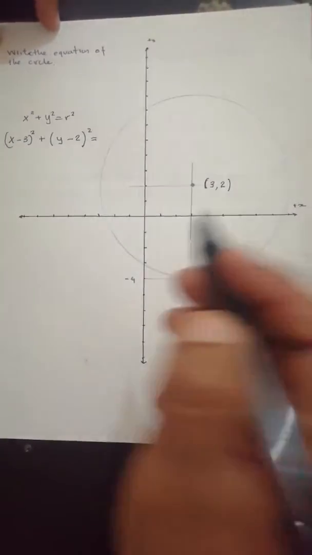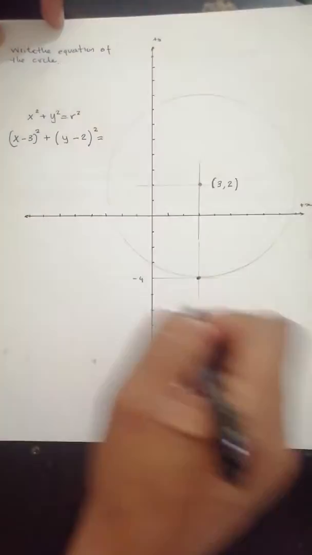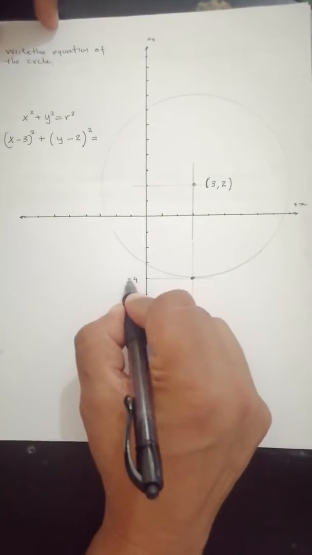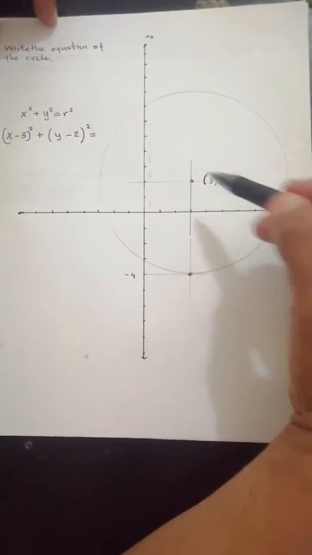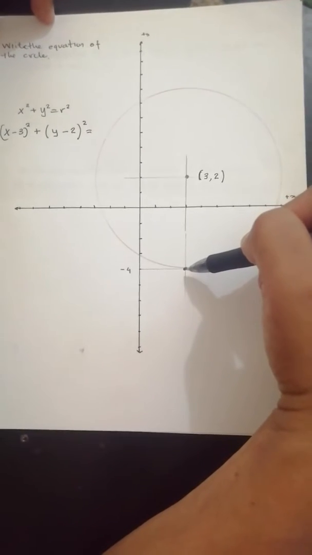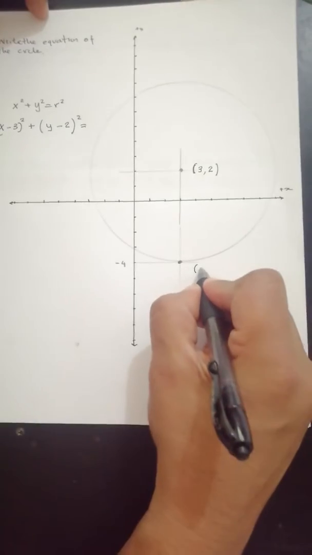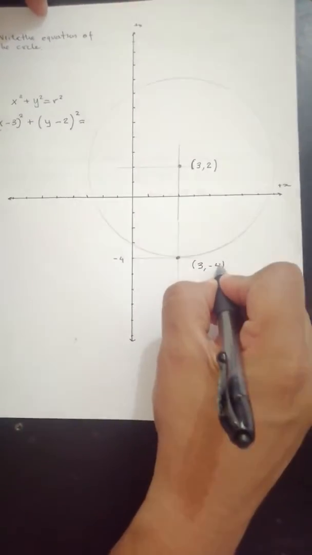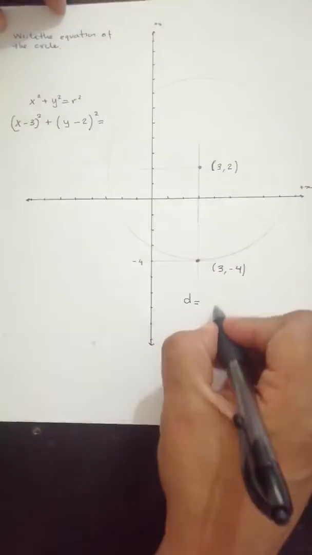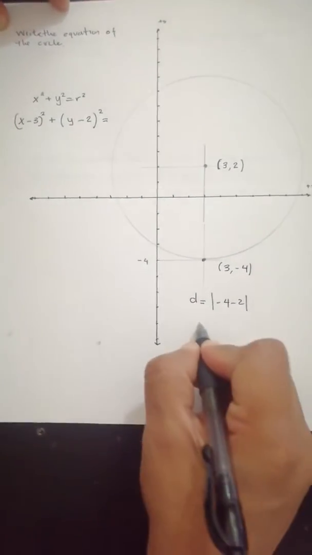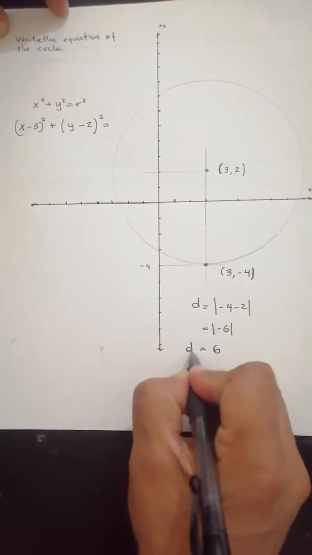One way of finding that is noticing that there is a point where the circle is tangent to a line, and that line is y equals -4. If I find the distance from 3, 2 to the point 3, -4, I notice that the distance will be the absolute value of -4 minus 2, that's the absolute value of -6, which means that the distance is 6.